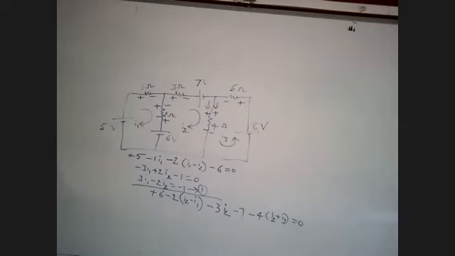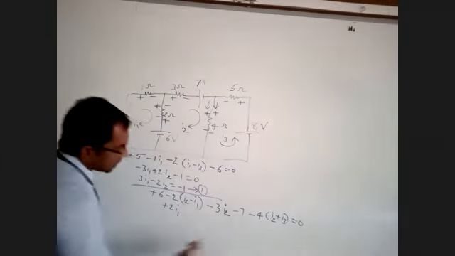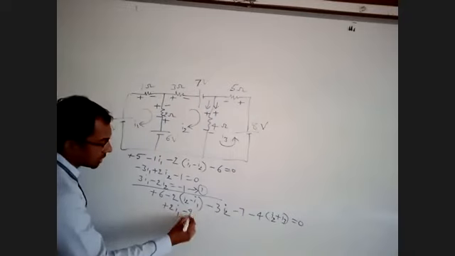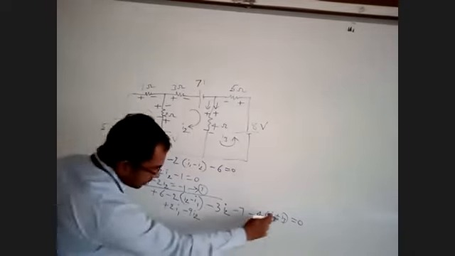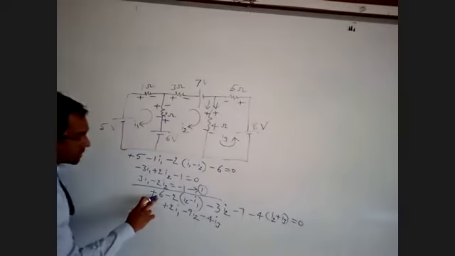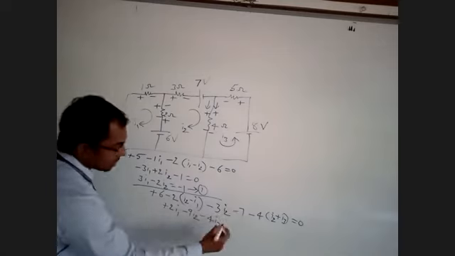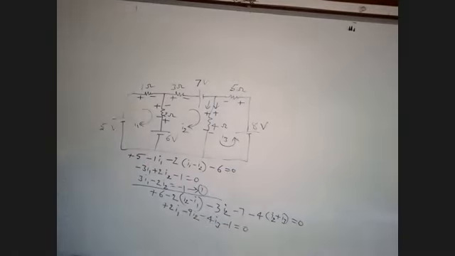Now simplify. Minus of minus plus 2I1, minus 2I2, minus 3, 5 plus 4 is 9, minus 9I2, I3 is there, minus 4I3. Plus 6 minus 7 is minus 1, that is equal to 0.